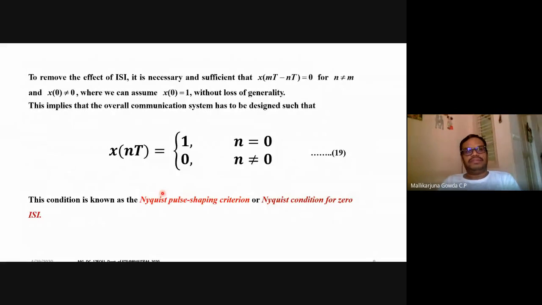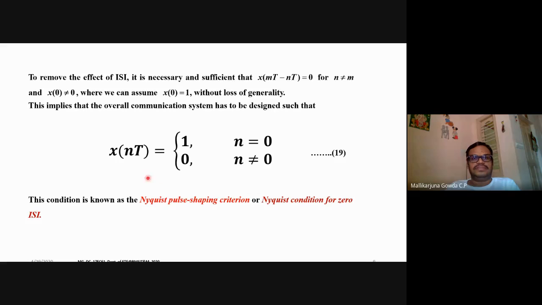So to remove the effect of intersymbol interference, it is necessary and sufficient that x(mT - nT) is equal to 0 for n not equal to m, and x(0) is not equal to 0. So when n is not equal to m, that is, at the other sampling instants, x(mT - nT) should be equal to 0.